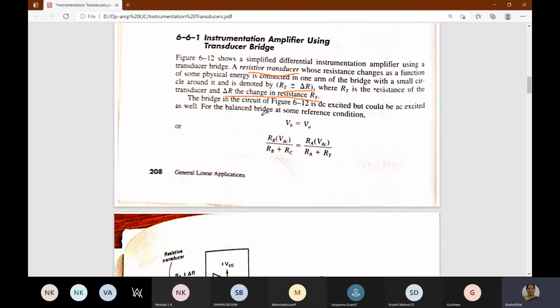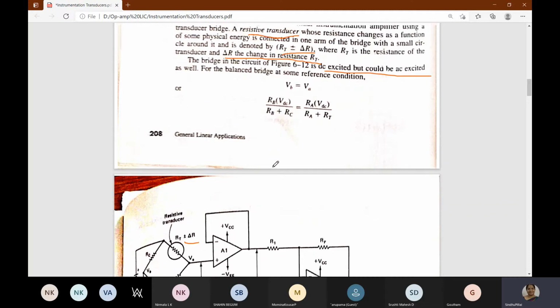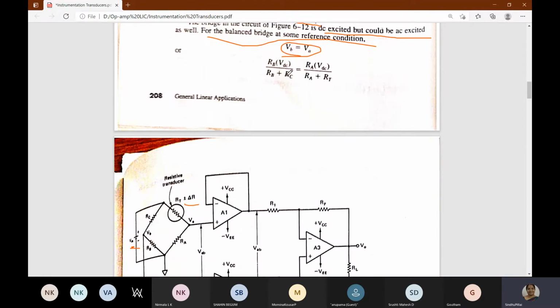At first you think that it is DC excited, and now we are taking the balanced bridge DC excited. It can be AC excited also. For a balanced bridge at some reference condition, VB is equal to VA. What is VB? VB is the main voltage, VDC, into the resistance of that branch where we want the voltage, that is RB divided by RB plus RC.